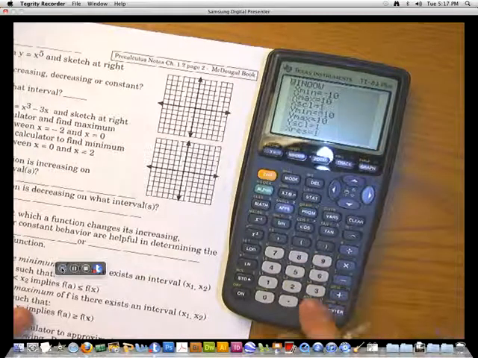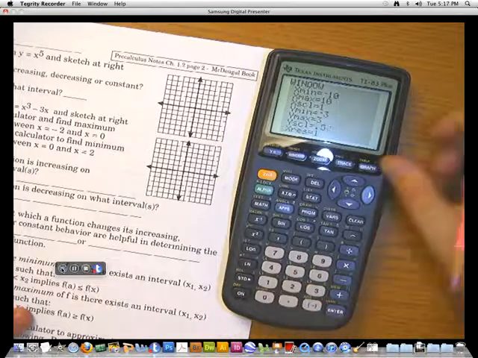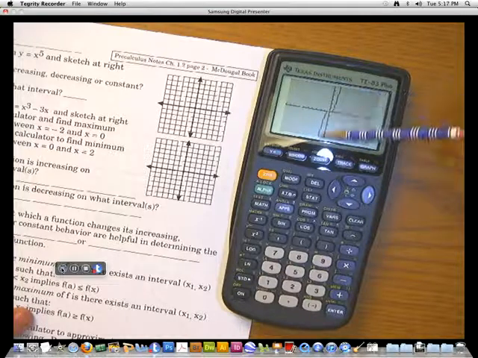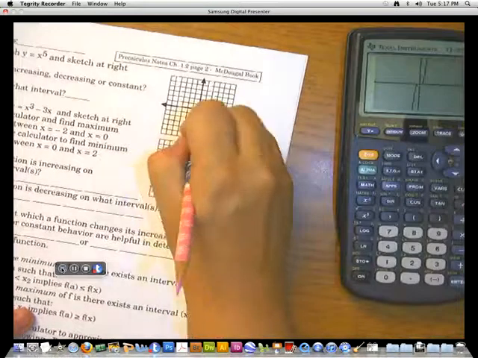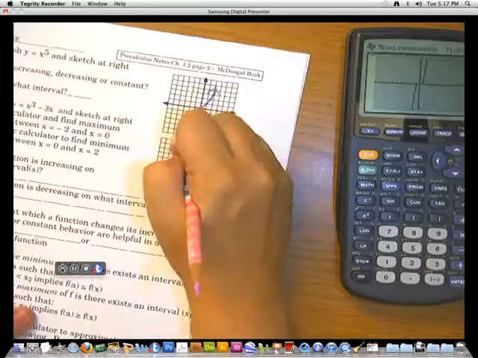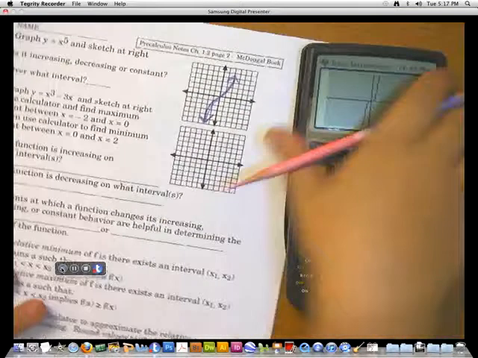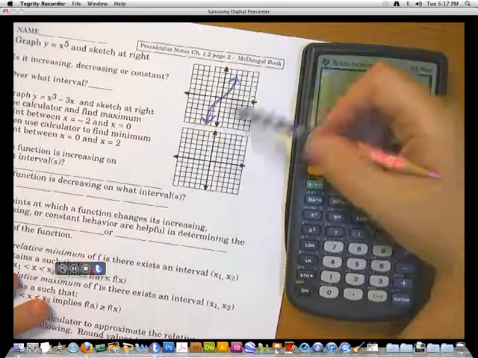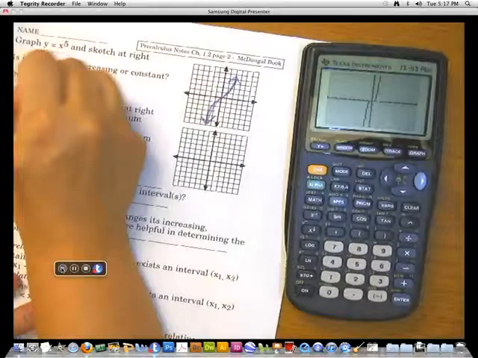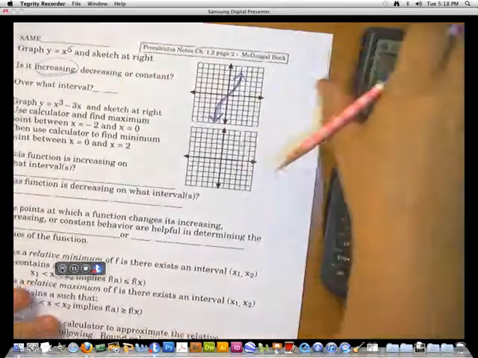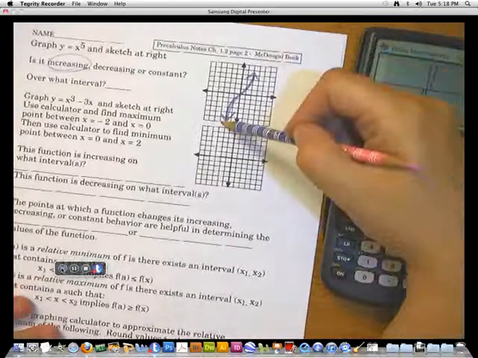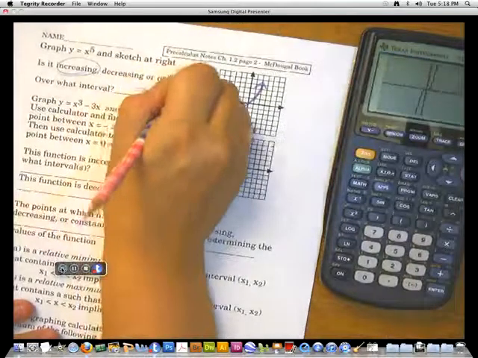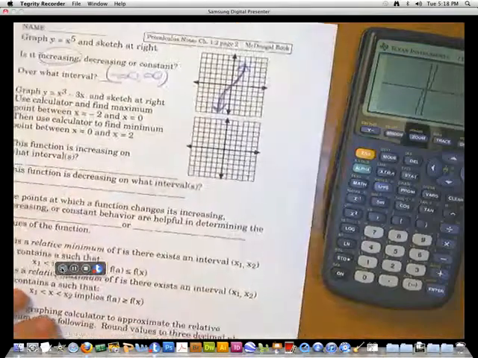Perhaps I just want to go -3 to 3 by 1/2, and that would spread things out a little bit. And notice that it just looks like it's still curving through the origin. It's not really doing anything else through there. So that's just a quick sketch of it. And we would say, is this graph increasing, is it decreasing, or is it constant? And you should be able to clearly see that it's increasing. Over what interval? Well, it starts increasing at -infinity, and it keeps going all the way to positive infinity.